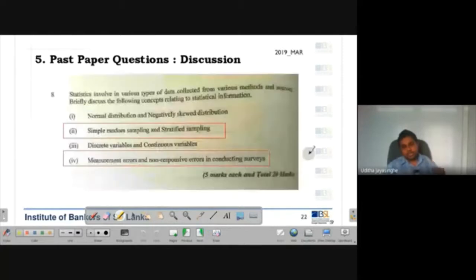Okay, next question. 19 March, again question number 8. It again asks to briefly discuss the following concepts: simple random sampling, stratified sampling, we have discussed a very similar question, measurement error and non-representative error. Now this is where you remember we discussed some non-sampling errors: measurement errors due to leading and incorrect questions, non-representative errors, because people can be giving you fraudulent answers or no responses.